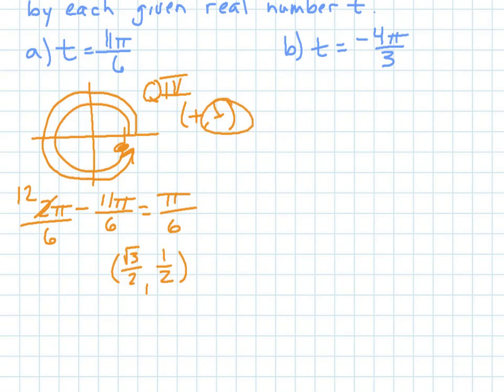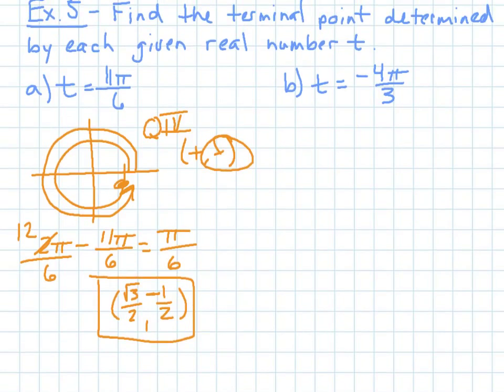But because the y value is negative in the fourth quadrant, I need to tack on a negative sign to my point. So then my point for this 11 pi over 6 should be square root of 3 over 2, comma negative 1/2.